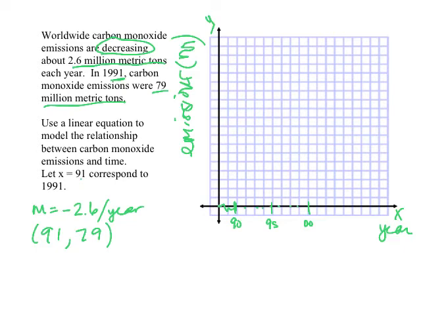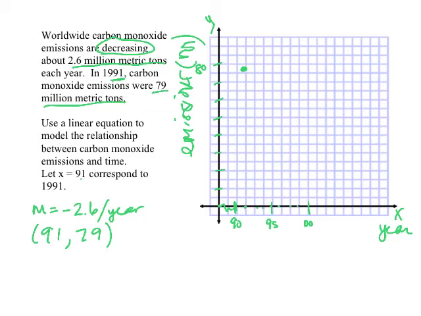So I think we'll do 10 million, 20, 30, 40, 50, 60, 70, 80. So in 91, we're up here at 79. And we know it's coming down 2.6 million per year.